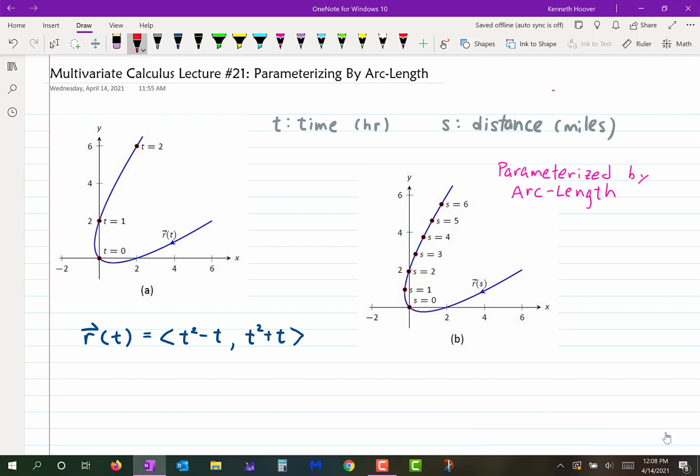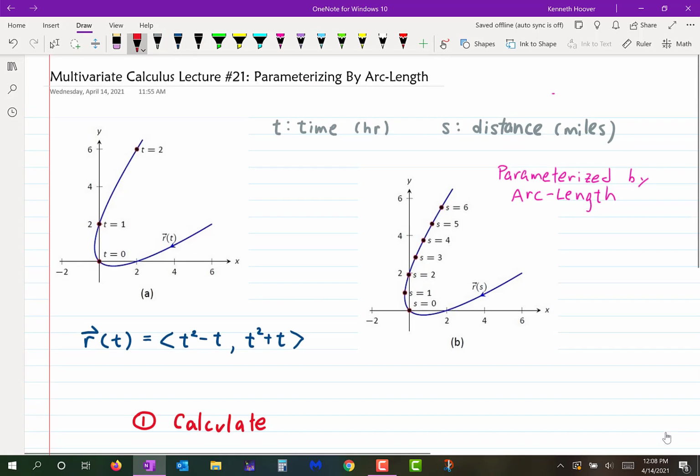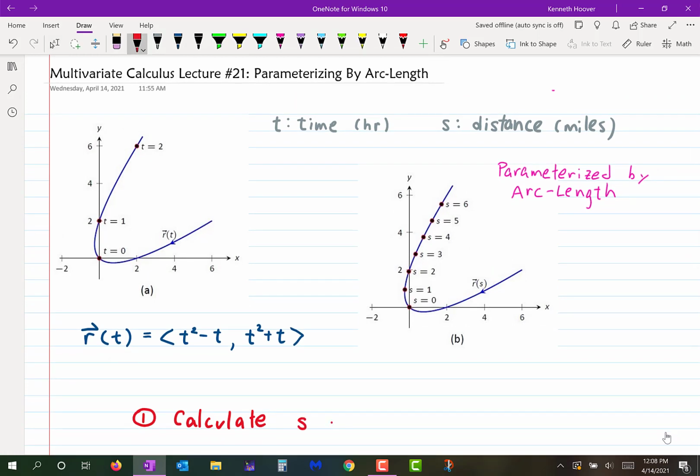Number 1: you calculate s as a function of t.